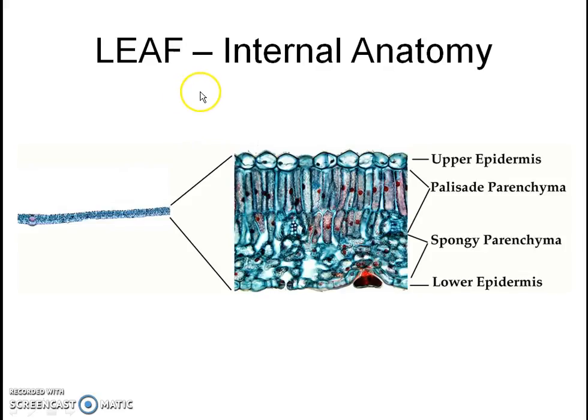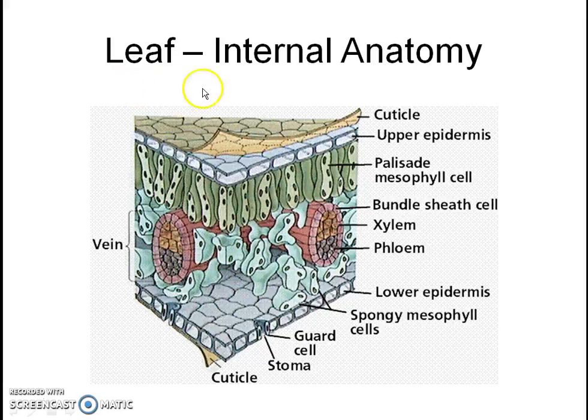Leaf internal anatomy. This is the upper epidermis of the leaf structure, and this is the lower epidermis. In between these are palisade parenchyma and spongy parenchyma. Internal anatomy again shows the cuticle layer, upper epidermis, the palisade layer which is the mesophyll cells, and the bundle sheath showing xylem and phloem.